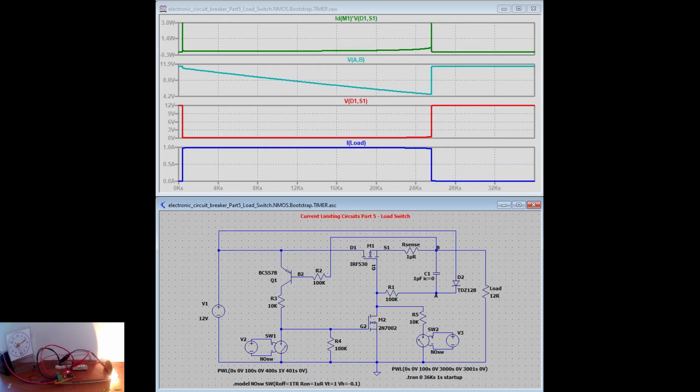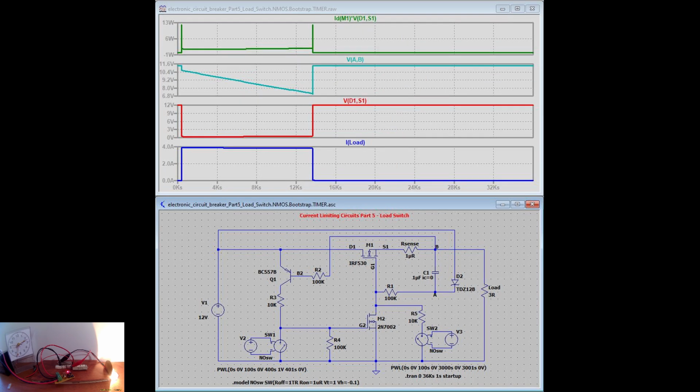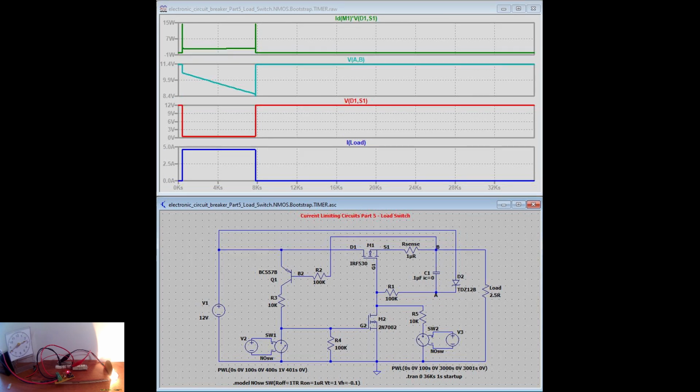Another thing to consider for this circuit is that different load current will result in different on time. As we double the current, the circuit stays on for less time, less and less time on, like a timer, until it doesn't turn on at all, due to the drain to source voltage exceeding the 0.7 volts, even without an R-sense resistor.